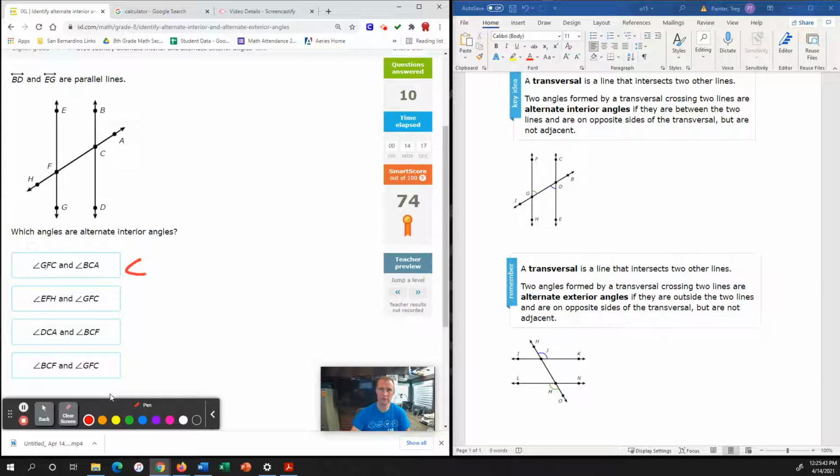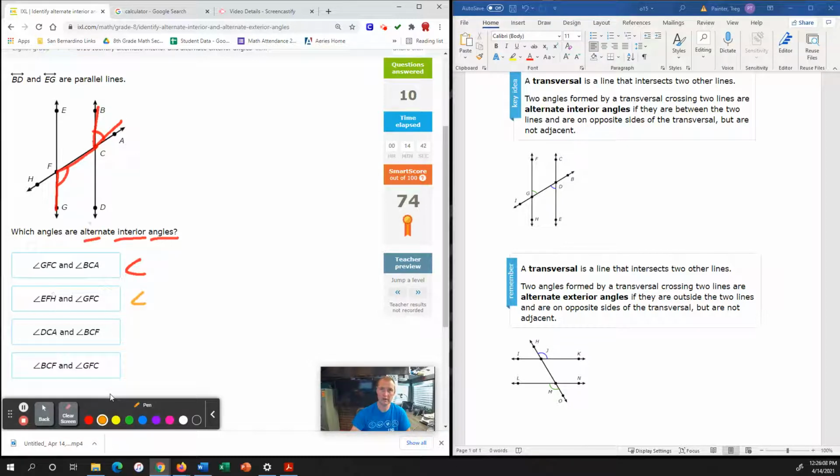We'll start with GFC compared to BCA. Nope, it doesn't work, because those are not alternate interior angles. BCA is an exterior angle. So no on the first one.